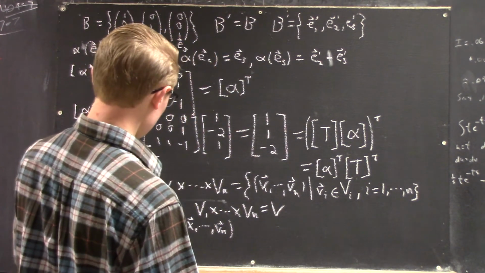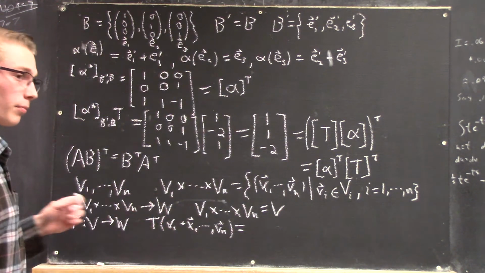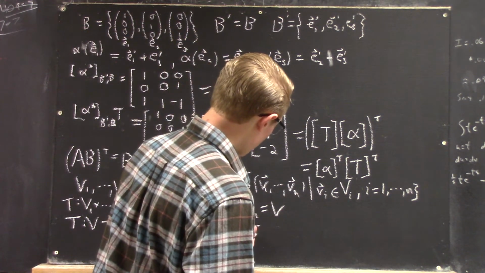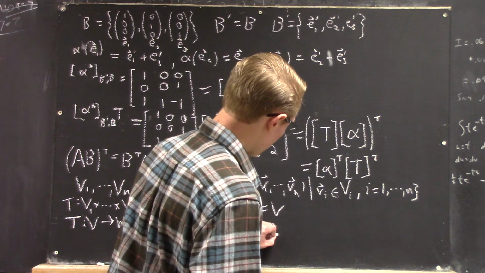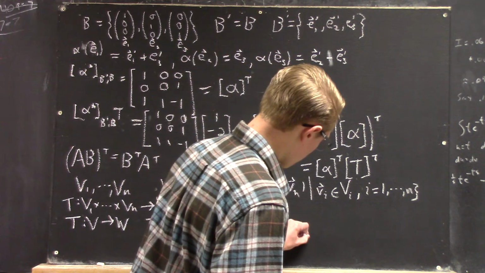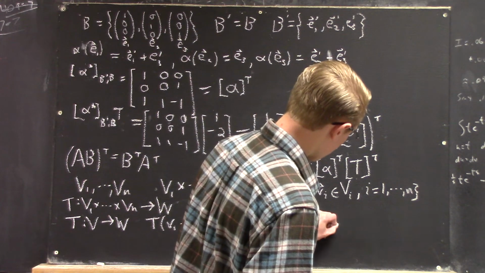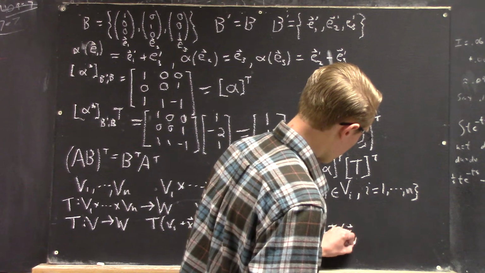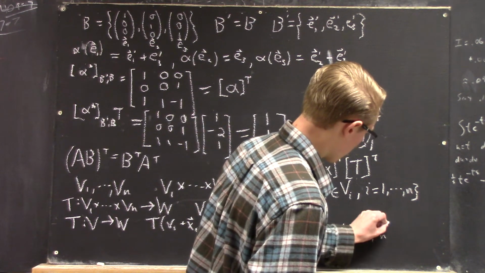Well, verify that each component is linear. This would distribute this transformation: T of V1 through Vn plus the transformation of vector x plus Vn.